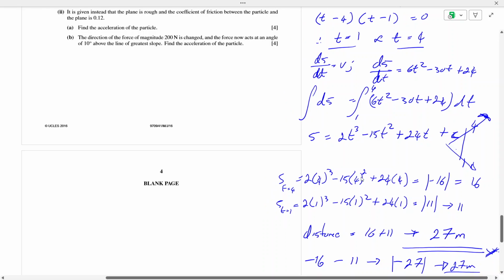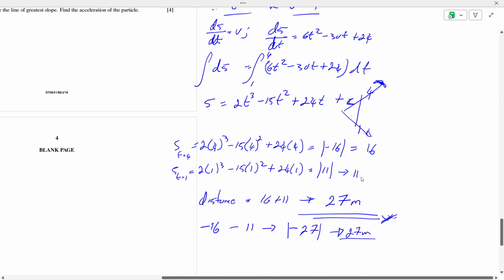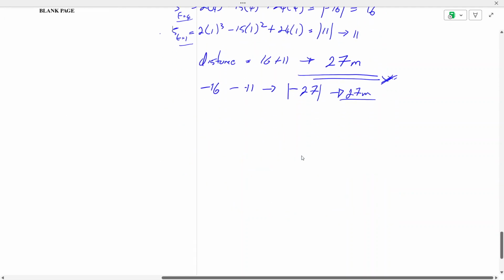I thought it might be confusing to you because sometimes you might get the 11 as a negative, and then it's going to get confusing, right? So the best way to do it is just to get the magnitude of s when t is 1 and the magnitude of s when t is 4, right?